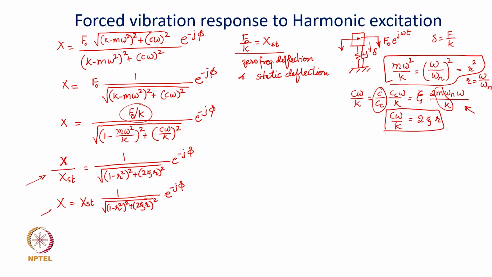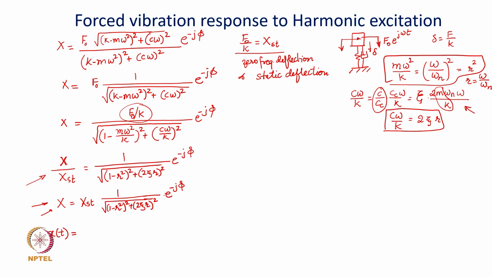This is an amplitude. The actual dynamic response, because we are interested in knowing what is the response at any instant of time t, when it is subjected to a harmonic forcing function, I mathematically would like to get an expression that defines the response at any instant of time. That is the dynamic response. What you have got here is the amplitude of that response. It is a single quantity.